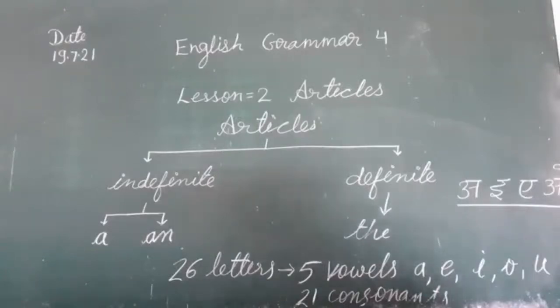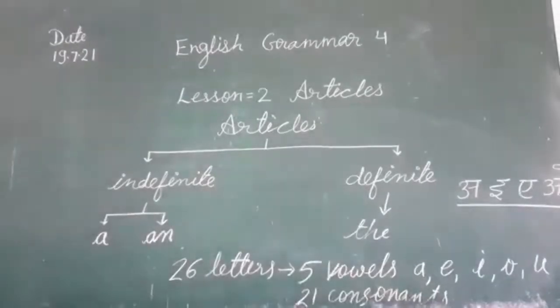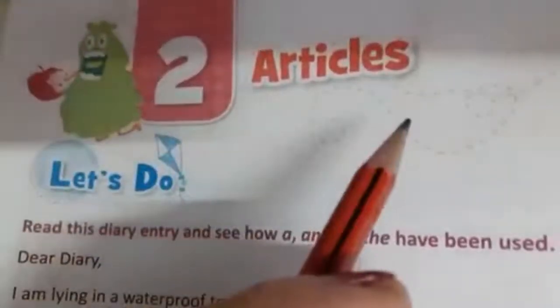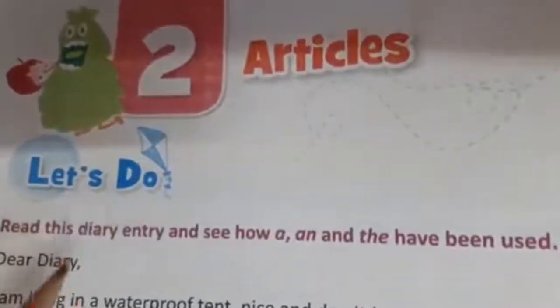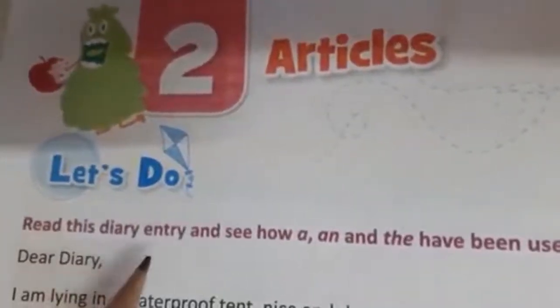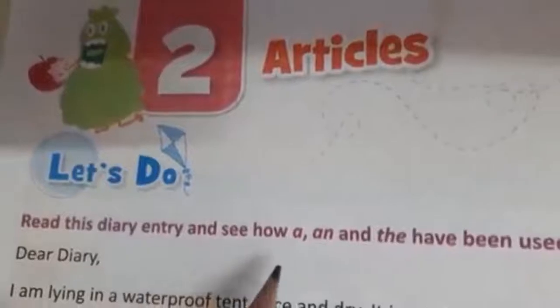So open your book, page number 20, lesson 2, articles. What is the meaning of articles? Use of a, an and the. Let's do: read this diary entry and see how a, an and the have been used.